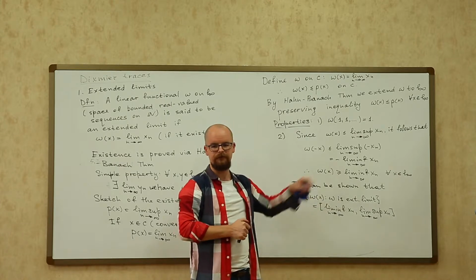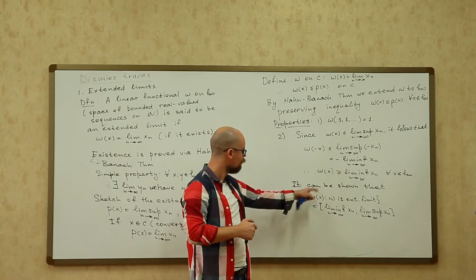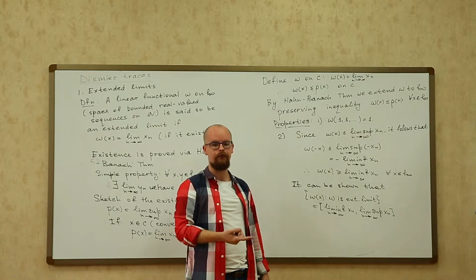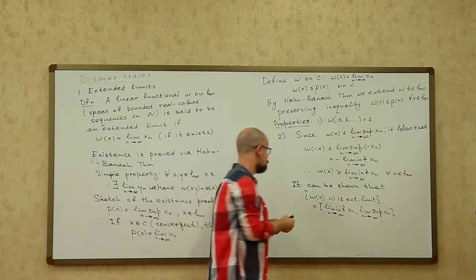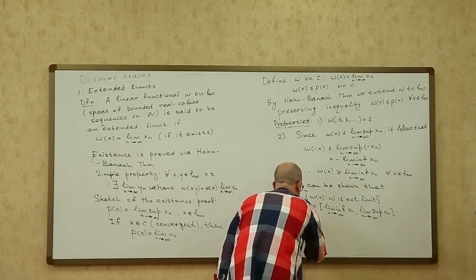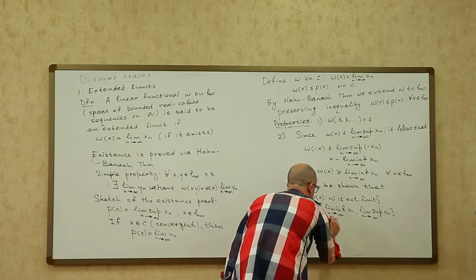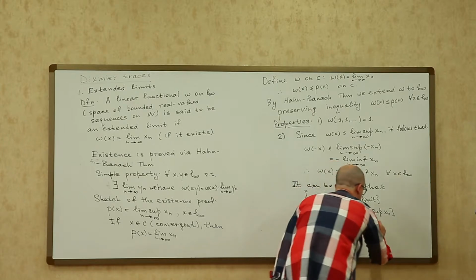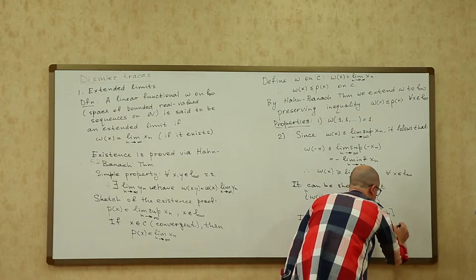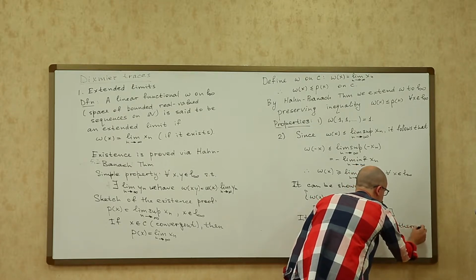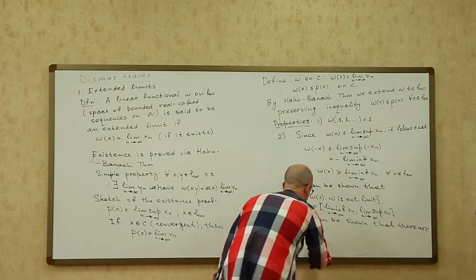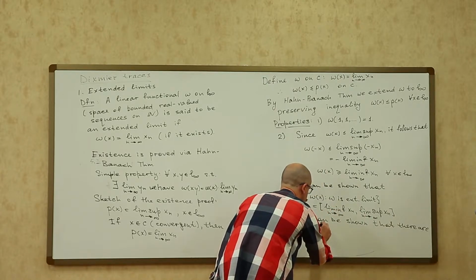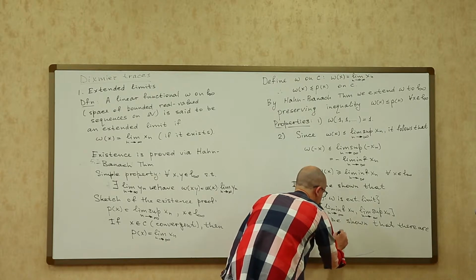Well, from this fact we instantly get that there are at least a continuum of extended limits, but it also can be shown that there are 2 to the power of 2 to the power of n extended limits.